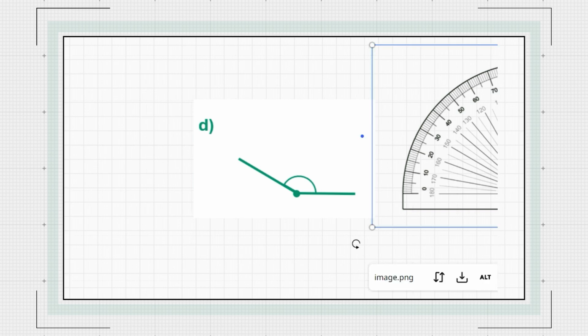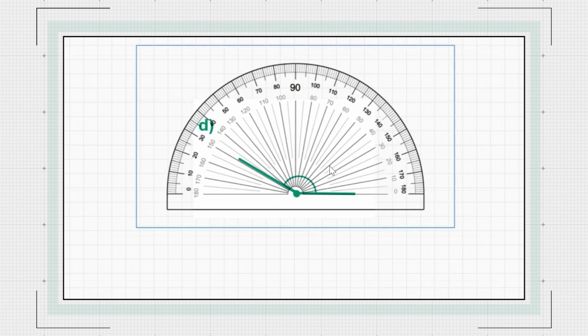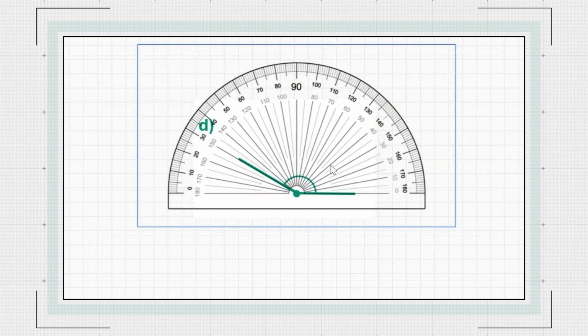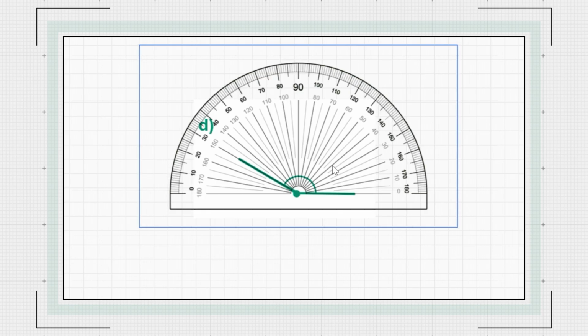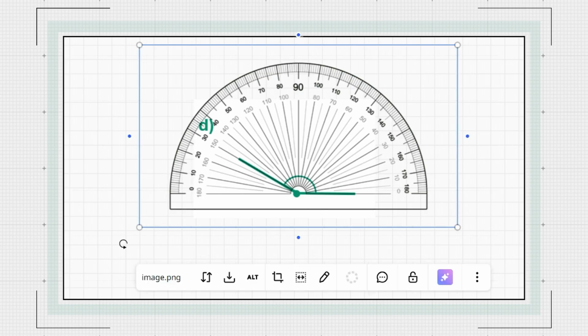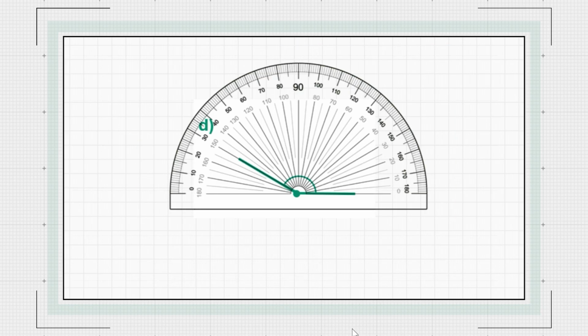Alright, this is going to be our last one, so let's bring across our protractor and just measure this angle. It's not going to be perfect because the line is a little bit too thick, but we can get an idea of what this is going to be. If we look at the outside, the outside angle is indicating it's 30 degrees. We know that this is much greater than 90, so 90 is here.